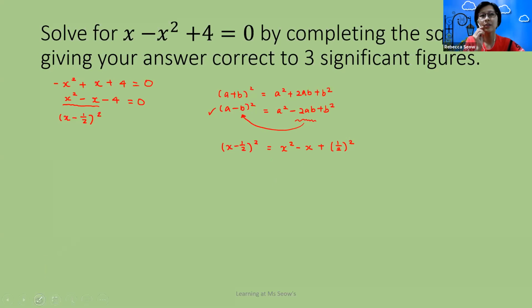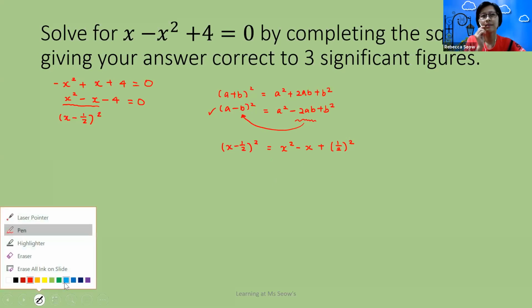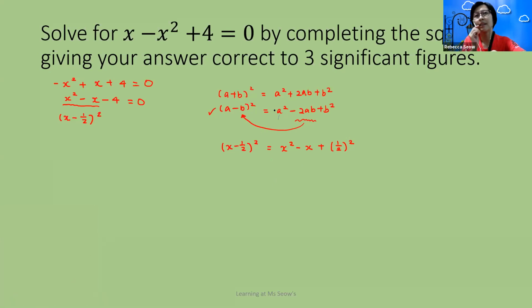Interestingly, you notice that the first two terms actually coincide with the first two terms in the equation. But forcing it into a square actually creates a third term, which is half whole thing squared.